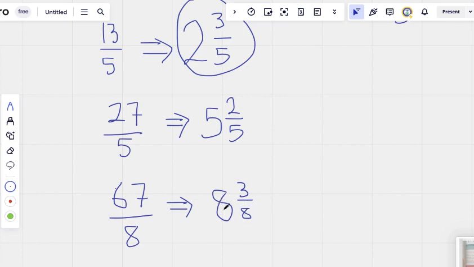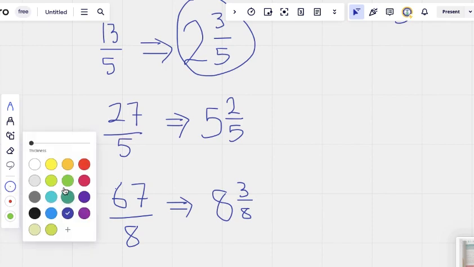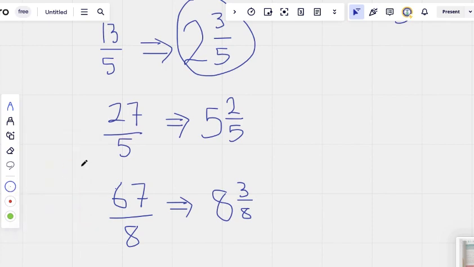Vice versa, if you want to convert this back, remember I said multiply the denominator 8 by the whole number 8, and then add the 3 over the denominator 8. So this will be 8 multiplied by 8, close it in brackets so that you don't get confused, plus 3, you have to add the 3 after you multiply, over the denominator, which is 8.